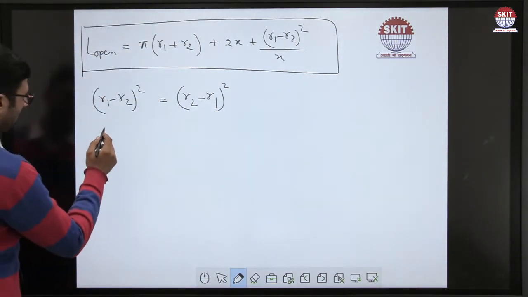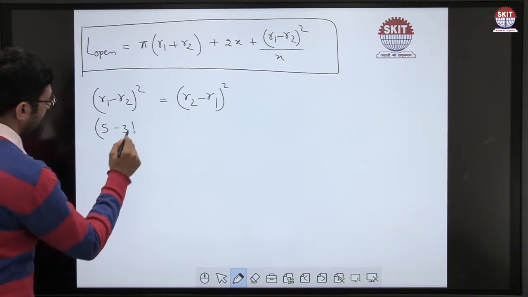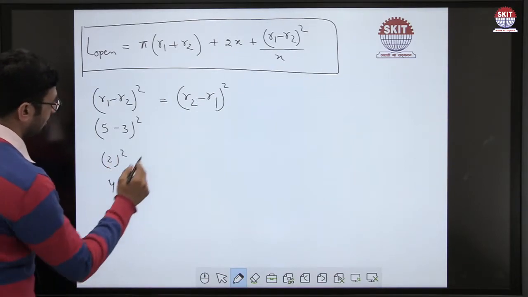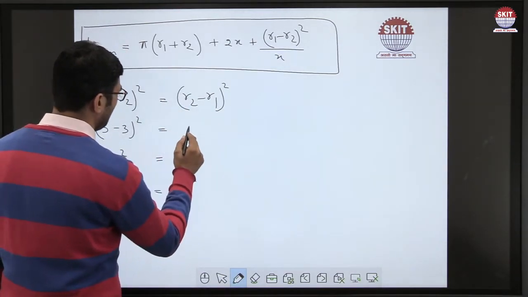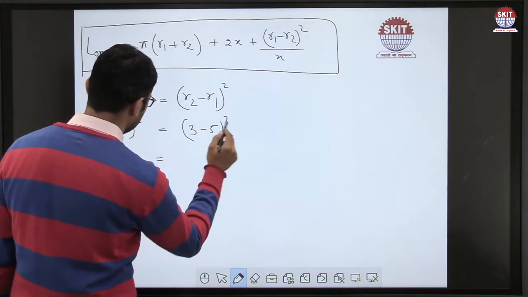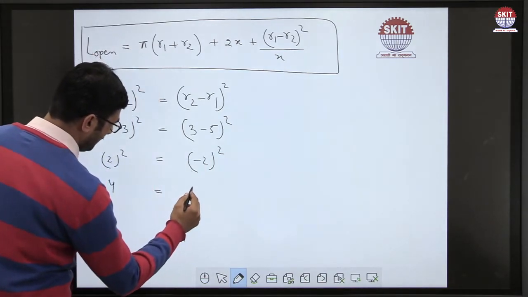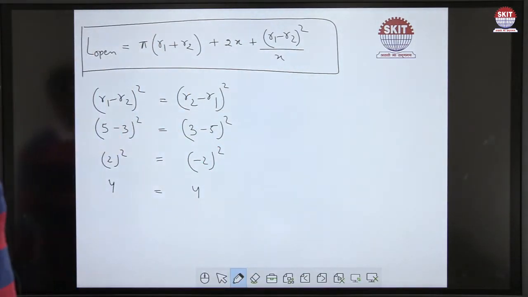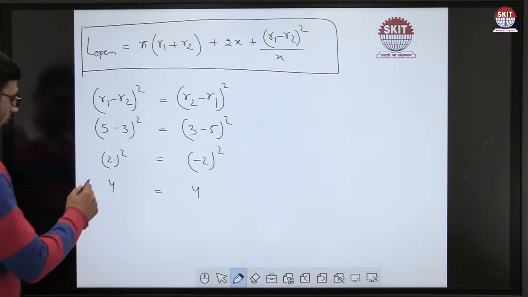For example, if R1 is 5 and R2 is 3, this value is 2 square and the value is 4. If by mistake we put R2 first, then the value is 3 minus 5 whole square, which is minus 2 whole square, and the value is also 4. So you can use R1 minus R2 and also R2 minus R1 in this formula. This is the open belt length drive.